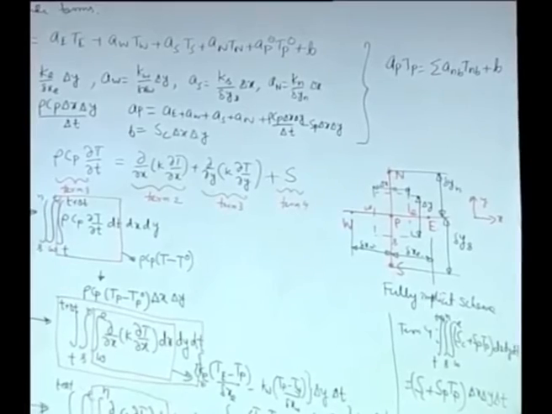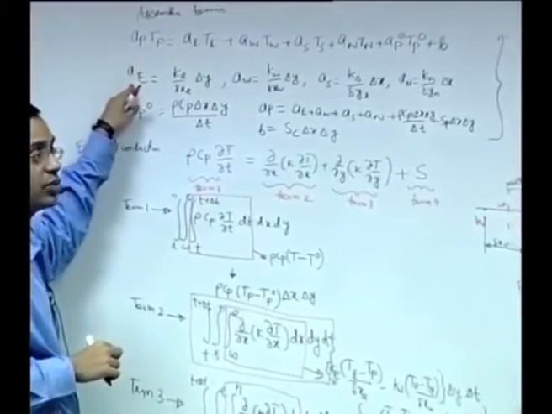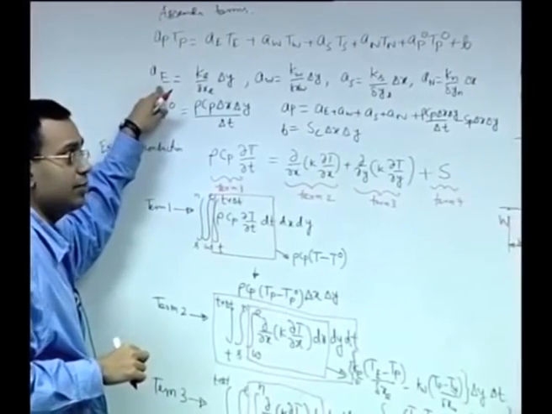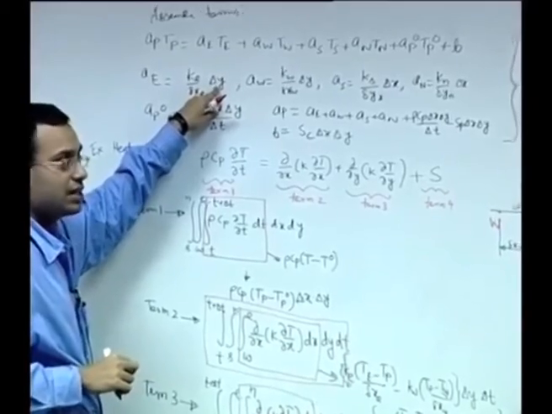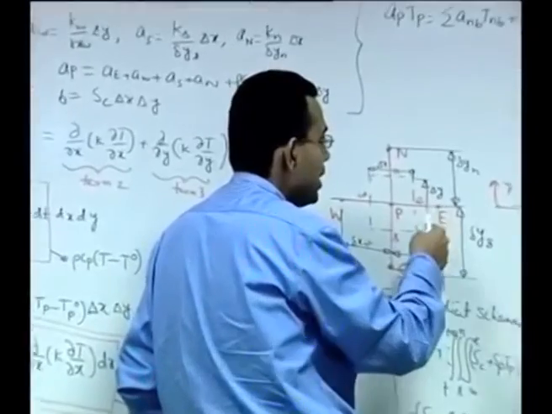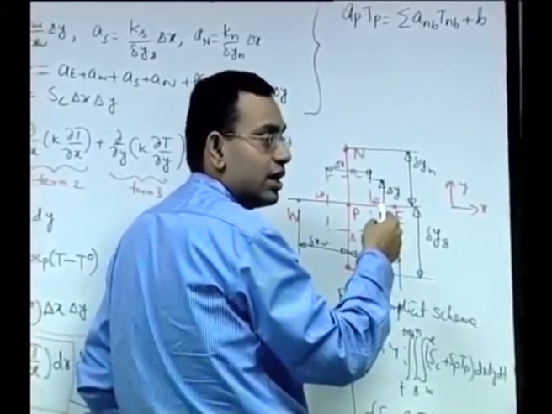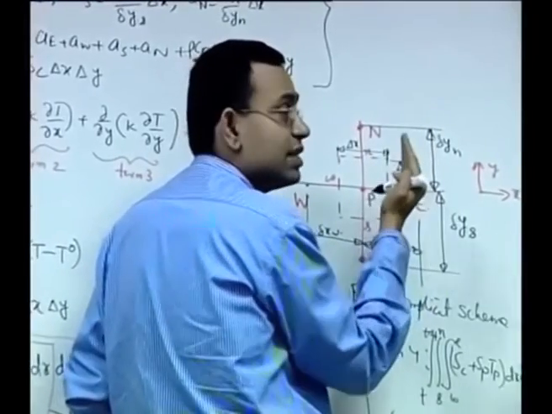Second observation is that you can see the physical significance of various coefficients. What is this AE, for example? What is this delta y? Delta y is this length, and the length perpendicular to the plane of the figure is 1. So, unit width is considered. So, delta y into 1 is the area of the face.